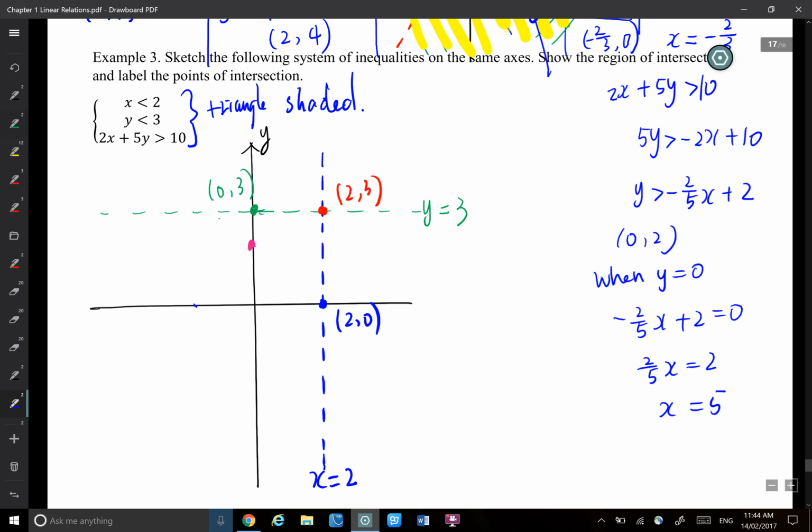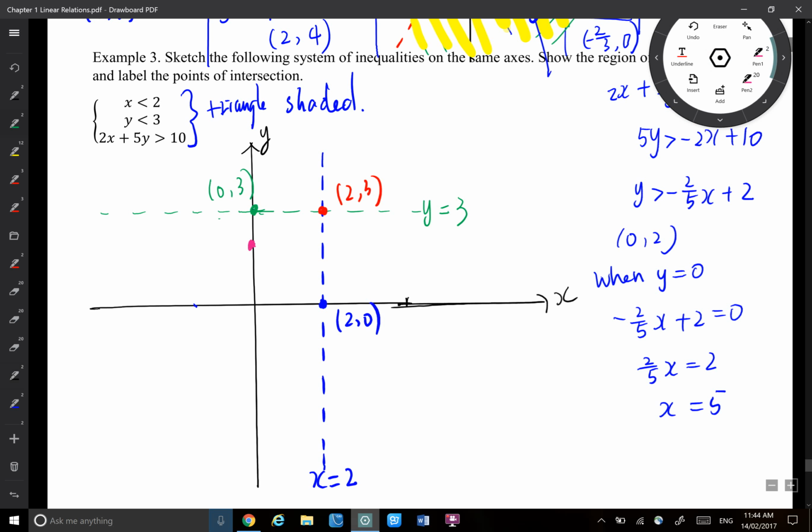It should be, extend this a little bit. Okay, so 5 is here. So 5, 0 is here. So 5, 0 and 0, 2. Okay, now I want to connect that.